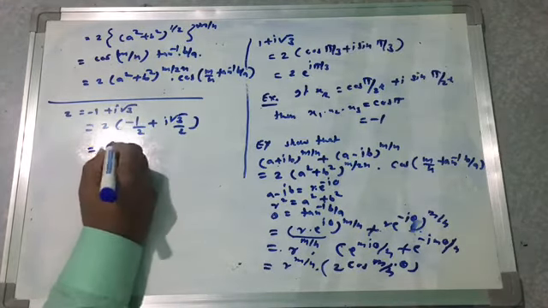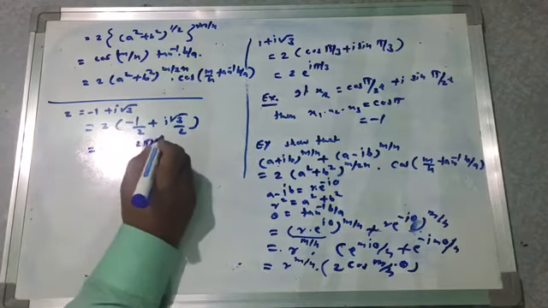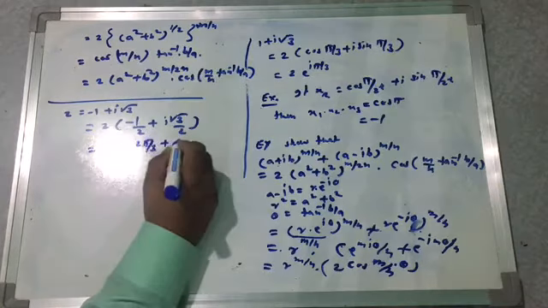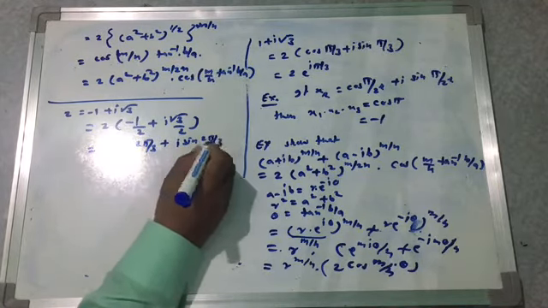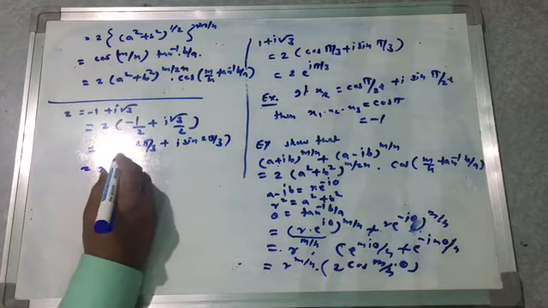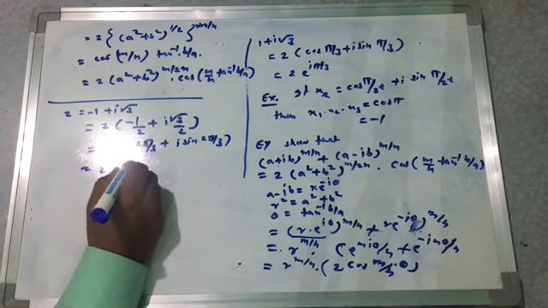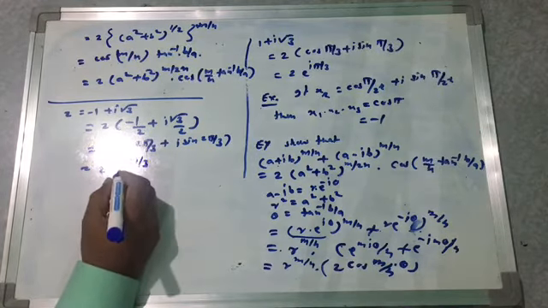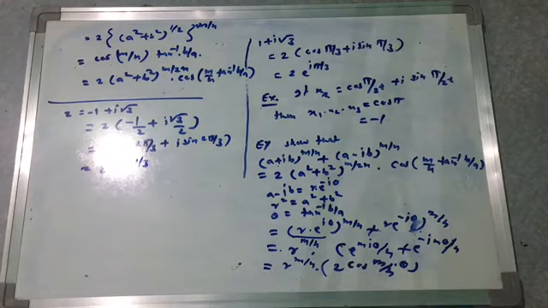This is equal to 2 into (cos 2 pi by 3 plus i sin 2 pi by 3), that is equal to 2 into e raised to 2 pi i upon 3. So this was the result we know. In this manner we have to calculate all the results.